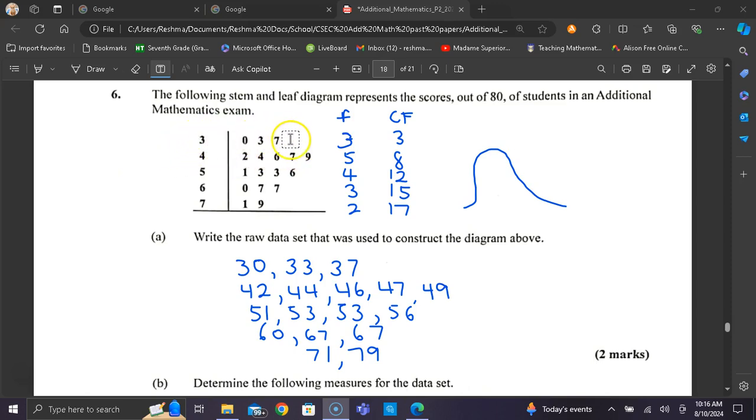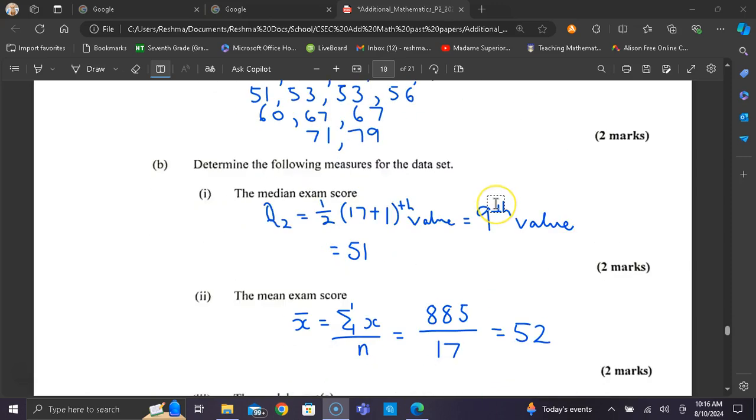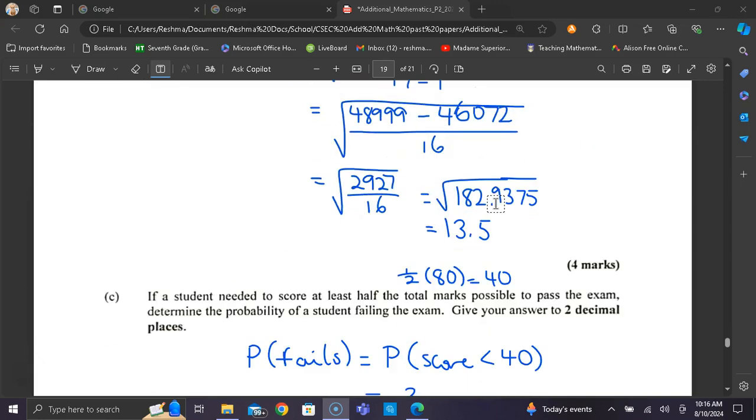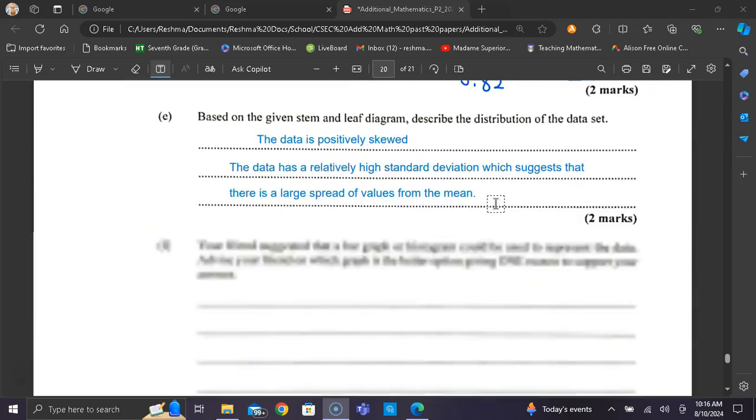So the 30s would not just end at 37, it's actually 38, 39, even 39.9, and then you go on to 40. So I would say a histogram is better suited to represent this data.